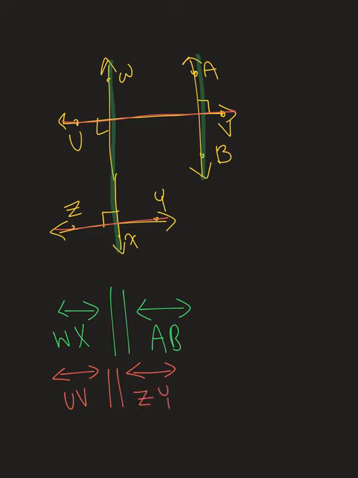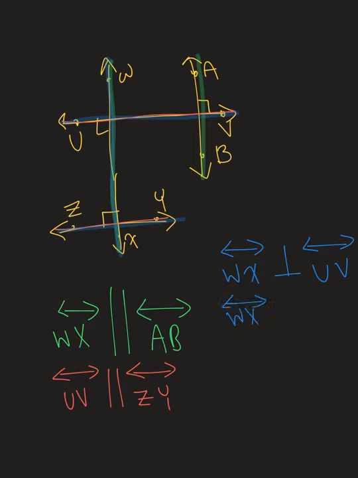And then where they meet at 90 degrees, anytime lines meet at 90 degrees, they are perpendicular to one another. So we have that WX is perpendicular to UV and it's perpendicular to YZ. So WX is perpendicular to line UV.